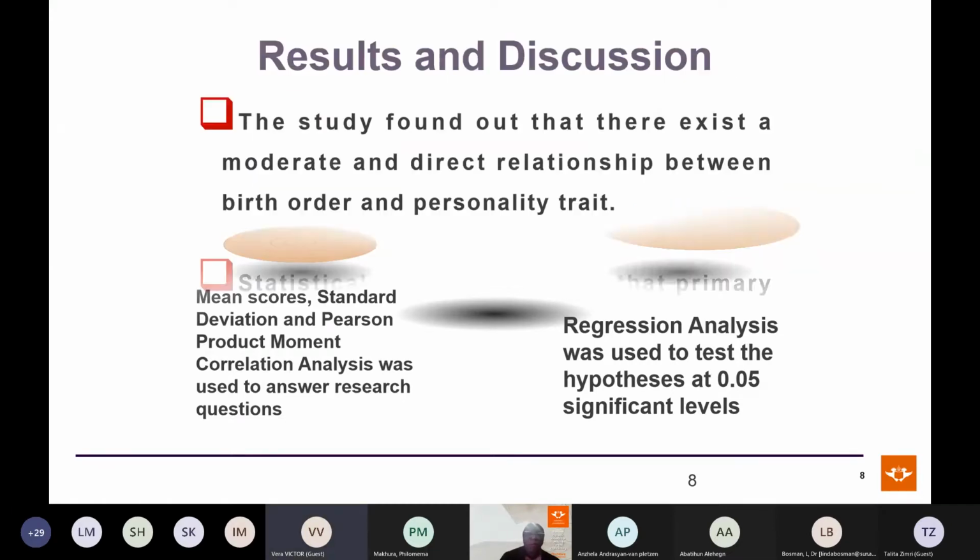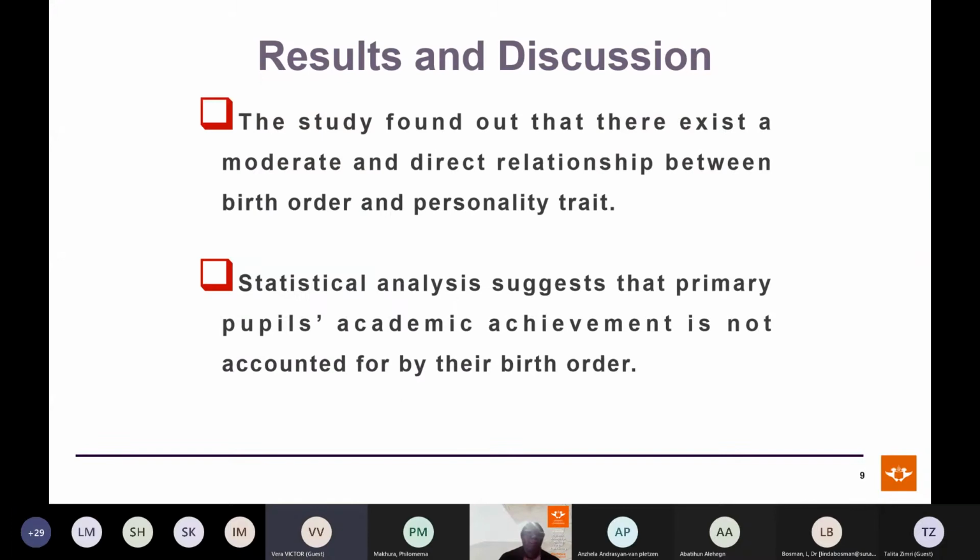The result of our findings shows that there exists a moderate but direct relationship between birth position and personality traits. Our statistical analysis also suggested that primary school pupils' academic achievement is not accounted for by their birth position.